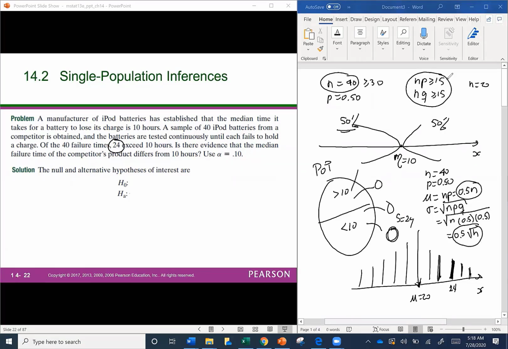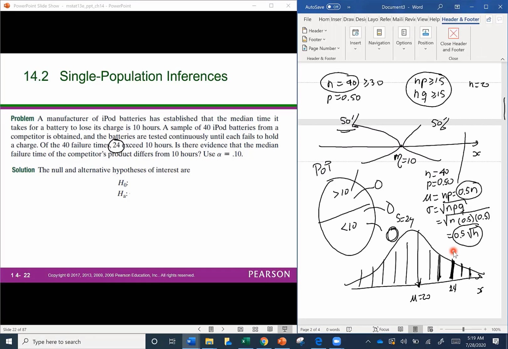Because we can use the normal to approximate the binomial, we need to transform this discrete distribution into a continuous distribution. Suppose that this value is 23 and this value is 25. To obtain the probability that in one sample of size 40, 24 or more batteries last more than 10 hours, we need to transform this discrete distribution into a continuous one. To do this, we must round all of these values to 24.